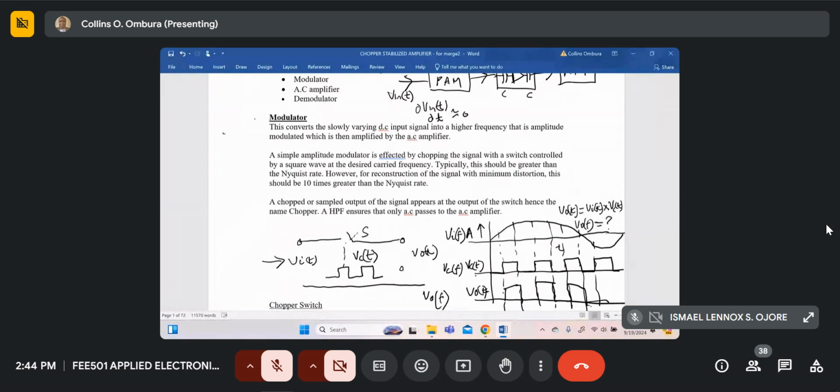I hope you all know that the sinc function looks something like this. So that's how amplitude varies with frequency for the rectangular waveforms.